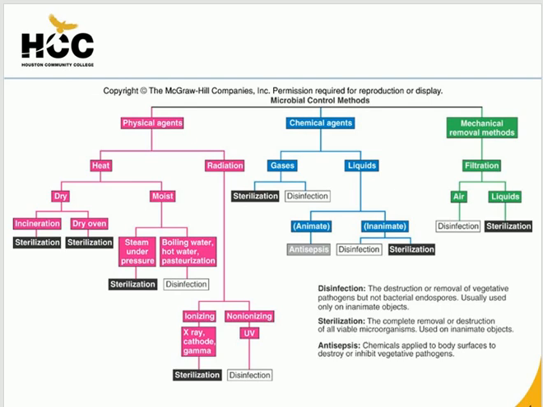Mechanical method, you can use filters, for example, air filters and liquid filters. The air filters will just do disinfection. Liquid, sterilization. A good example for that: did you ever look at your air conditioning unit in the basement? Did you ever change or see how we change the filters?